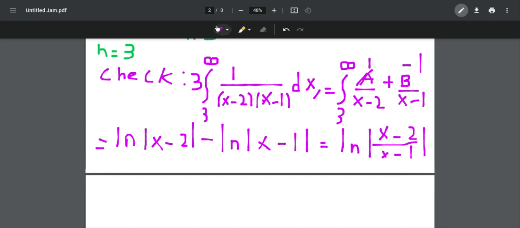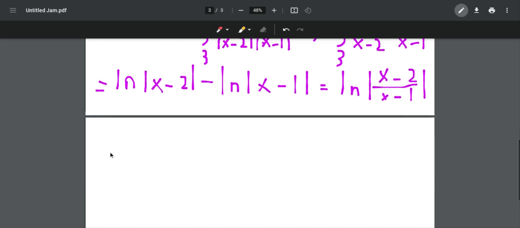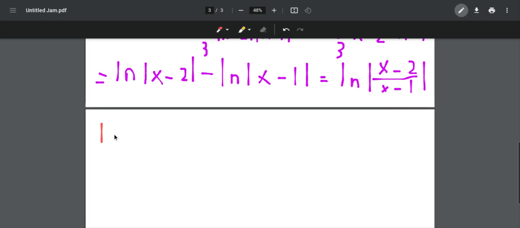Now, what we should do is evaluate this integral from 3 to infinity. Let me write it again here: natural log of the absolute value of x minus 2 over x minus 1, from 3 to infinity.